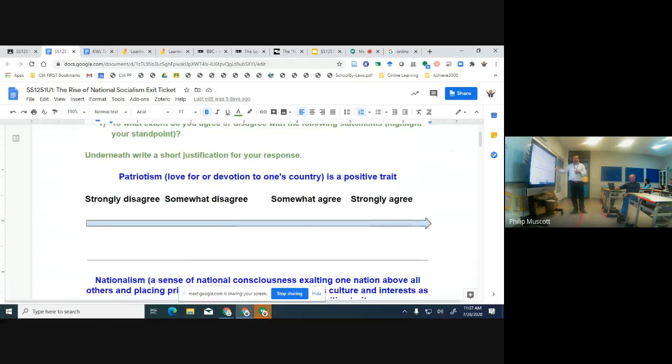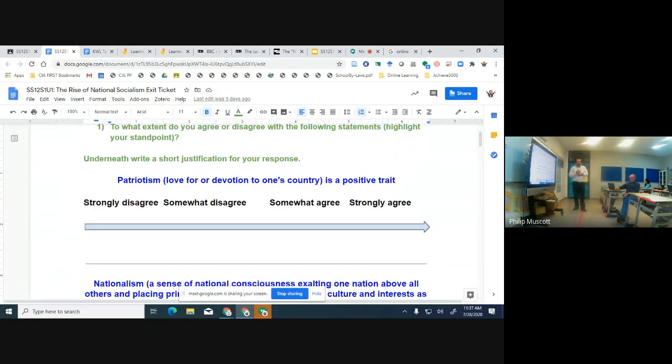You have some statements here. Patriotism, with the definition: love for or devotion to one country is a positive trait. Hello, Joyce.